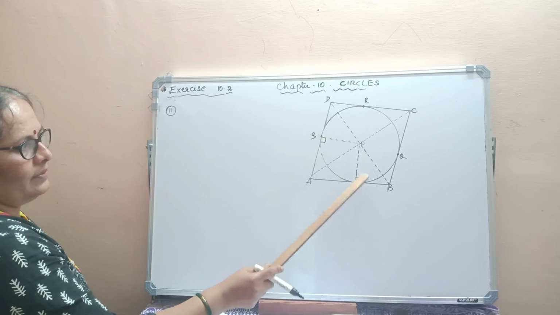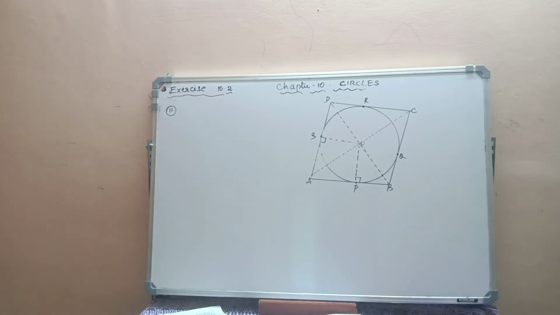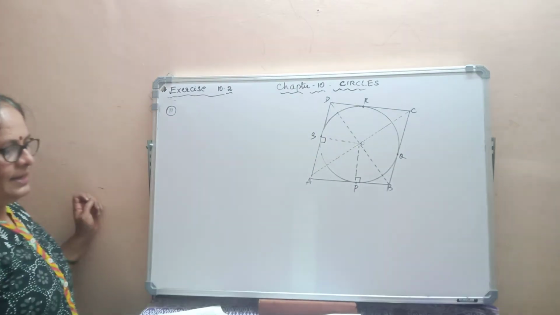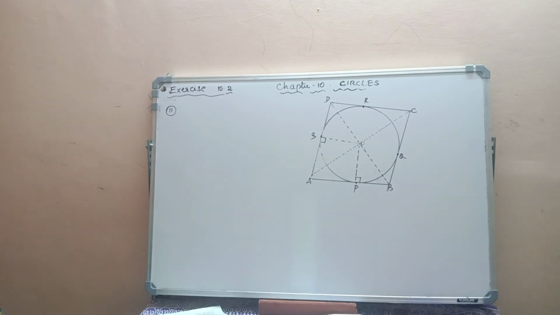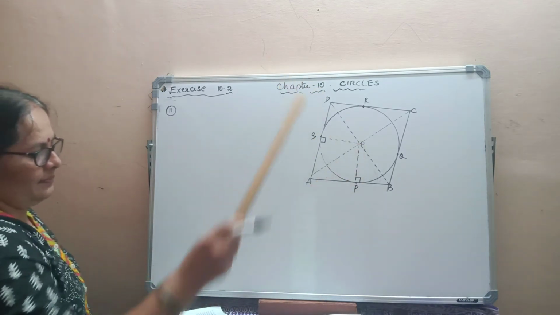Angle S is equal to angle P because 90 degree. Tangent is perpendicular to the radius at the point of contact. Then OP equals OS, radius of the circle. Then angle OPB equals angle OSD.